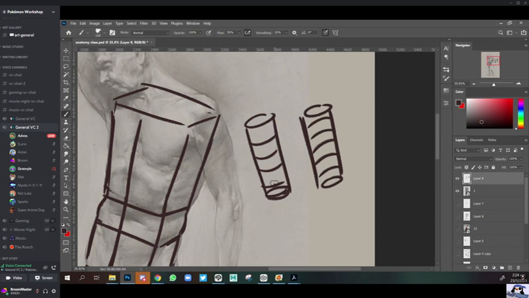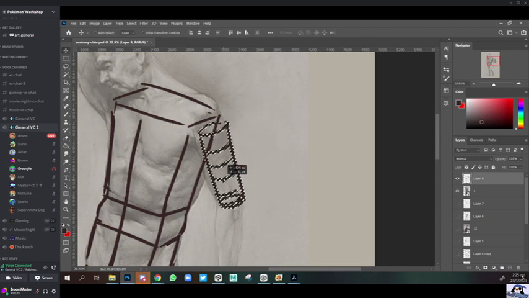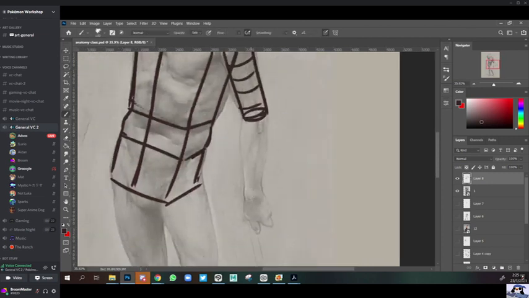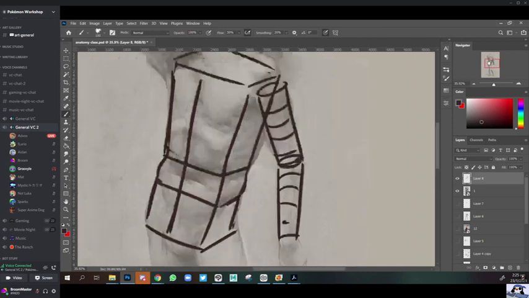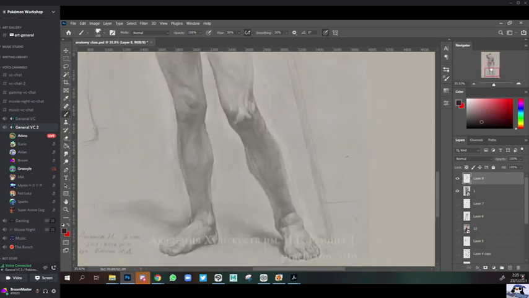So in this case, I can see that the arm here is moving away from the camera, so I'll just use this one. And this arm here looks like this. If you really need to, you can just put circles where the joints are. I'm not going to bother with the hands.